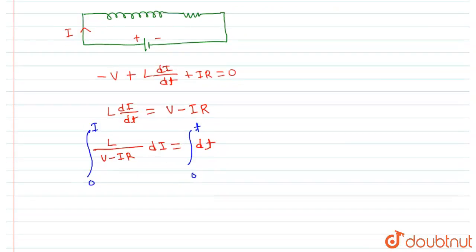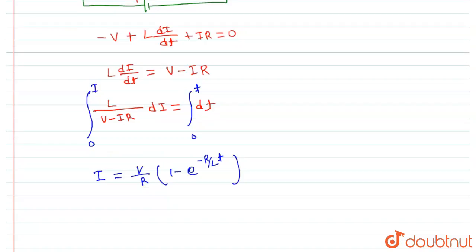Now after integrating this, we can find the I value, and this I value is equal to V by R into 1 minus e to the power minus R by L into t. So the I value is this. Now next, we have to differentiate this.